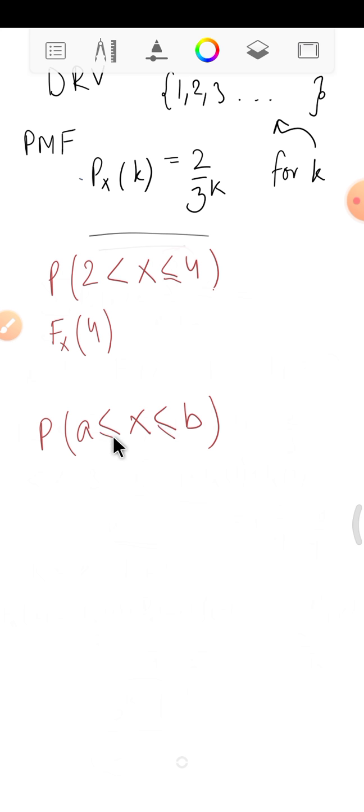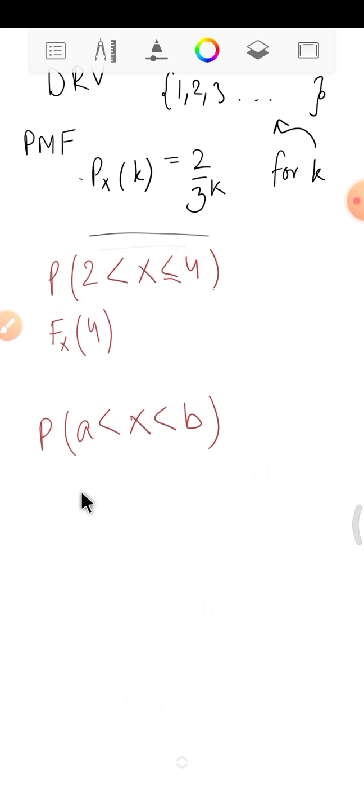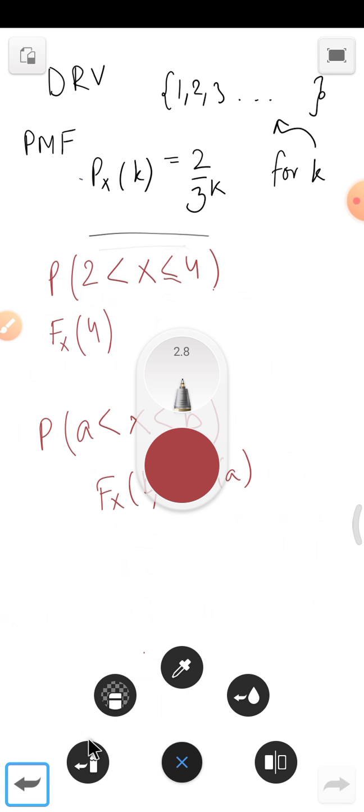What you just need to do is use the formula F of b minus F of a. Remember, it's for PMF, not PDF. For PDF, you need to actually find the area. I'll discuss it in a later lecture.